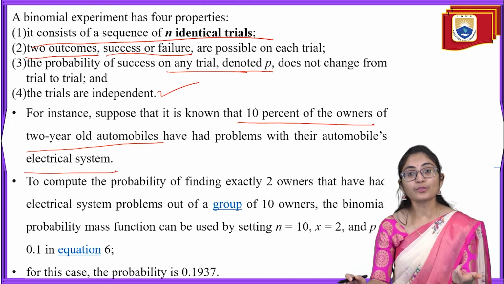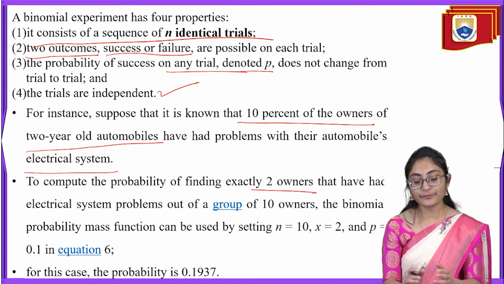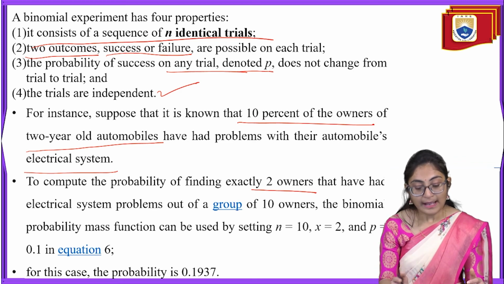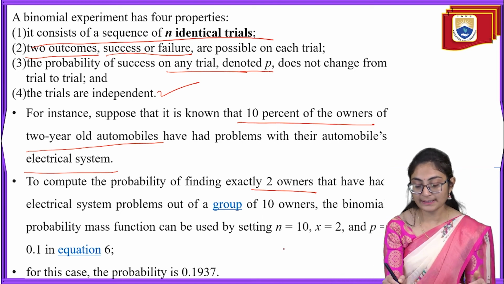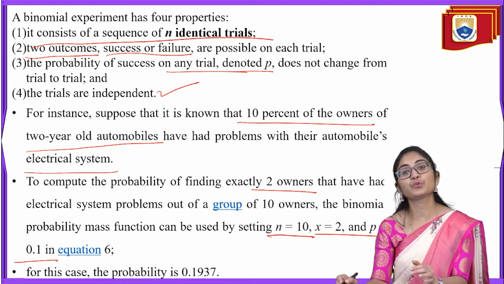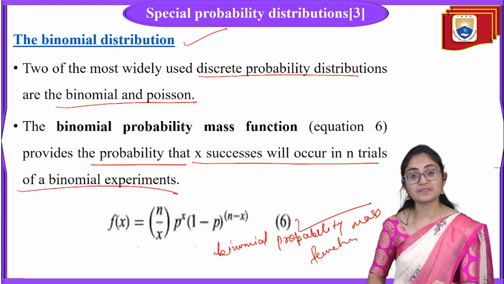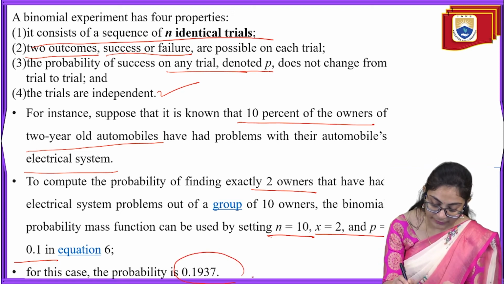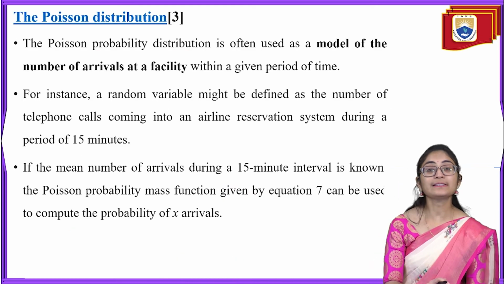Now, to calculate the probability of finding exactly two owners that have had electrical system problems out of a group of 10 owners, you use the binomial probability mass function by setting n equal to 10, x equal to 2, p equal to 0.1, and you put all these values in equation 6. After solving, you will get the probability 0.1937.